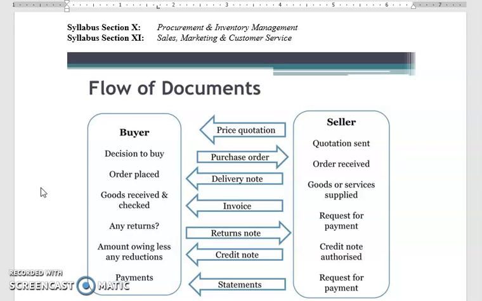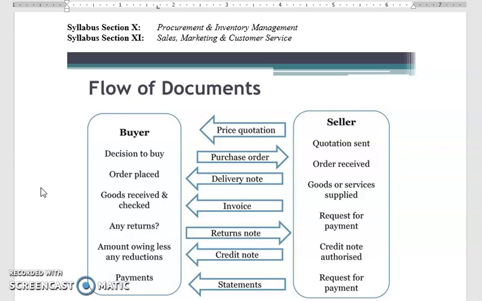If there are any returns, the buyer issues a debit note to the seller requesting a reduction in the amount of the invoice. If there is an increase or an excess of goods supplied, that also is corrected by either a debit note, which corrects an undercharge, or a credit note, which corrects an overcharge on the seller's invoice.